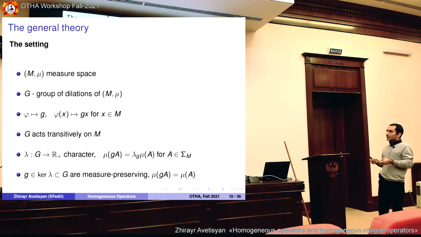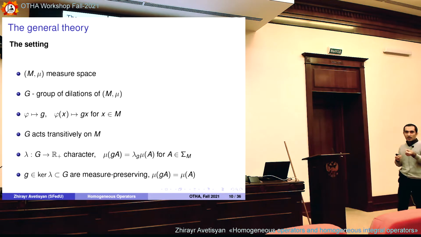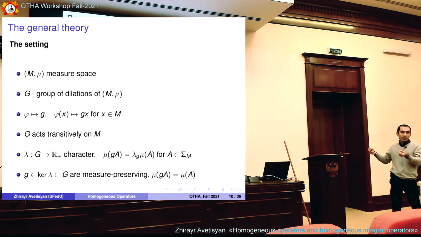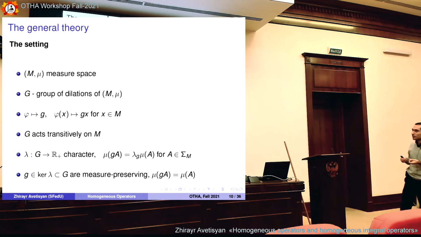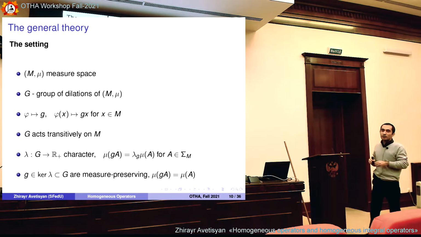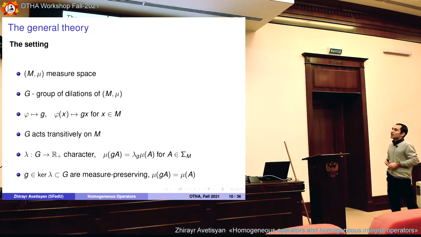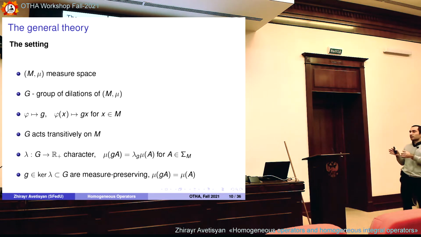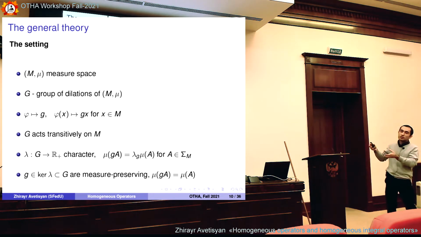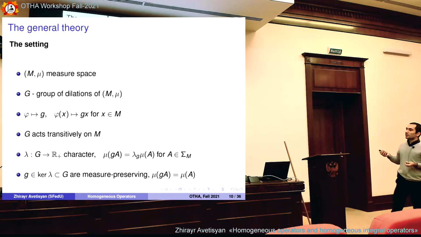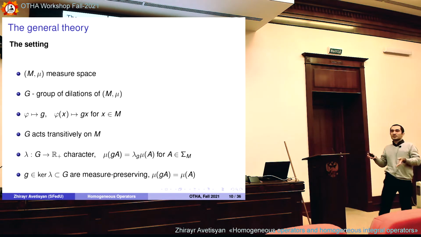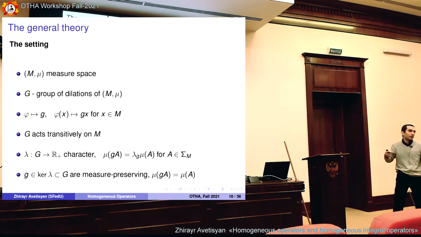Now this correspondence between the dilation g and the corresponding proportionality constant lambda g turns out to be a group character, a group homomorphism from G to positive numbers, and we denote this character by lambda, and we assume it's fixed. Now, all those transformations g, which are in the kernel of this character, they actually don't change the measure, right? And if there is an appropriate notion of a dimension in the group G, then you'll see that the kernel of lambda is a co-dimension one normal subgroup in G. So the vast majority of these transformations don't actually change the measure.